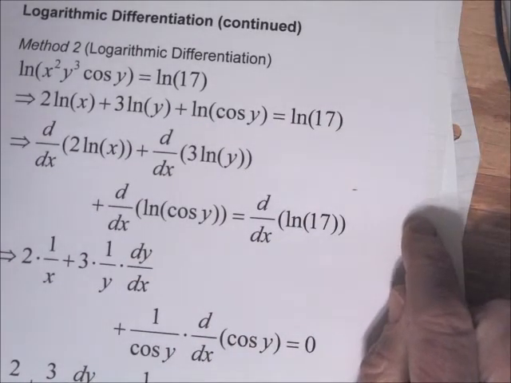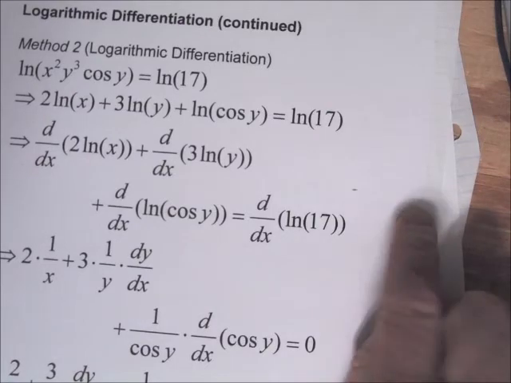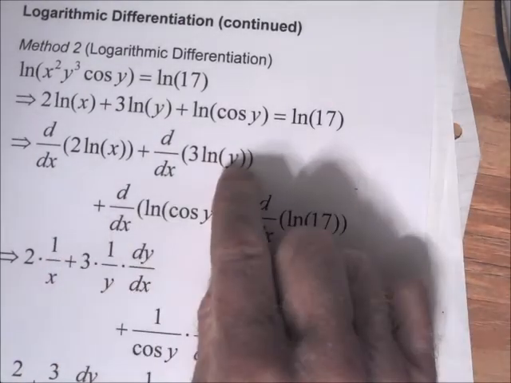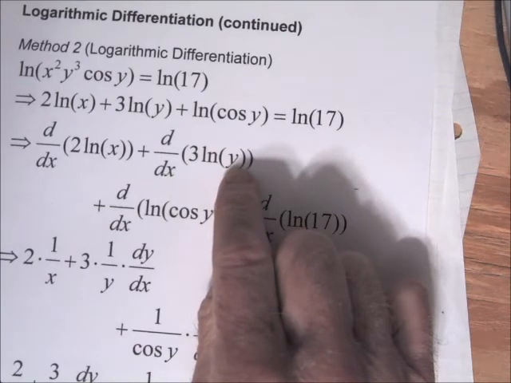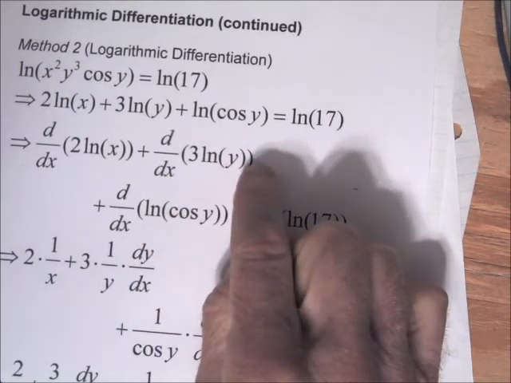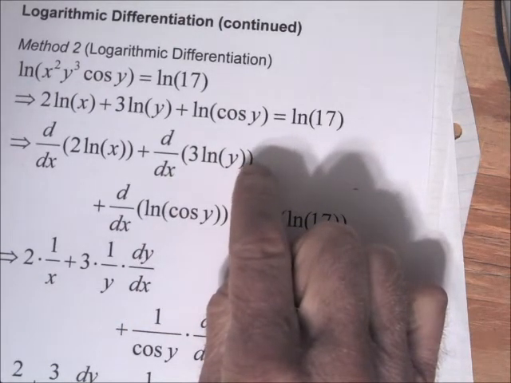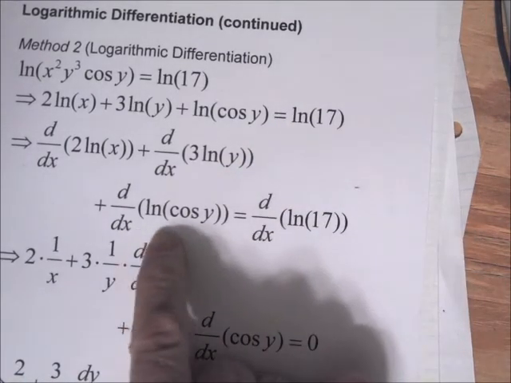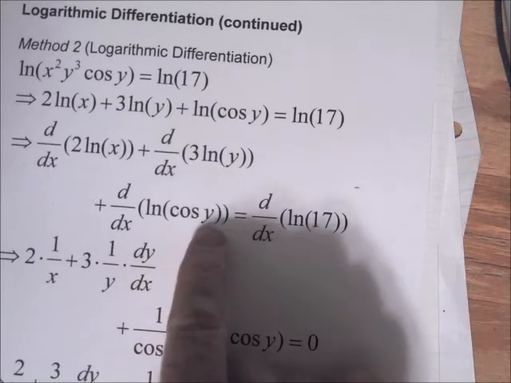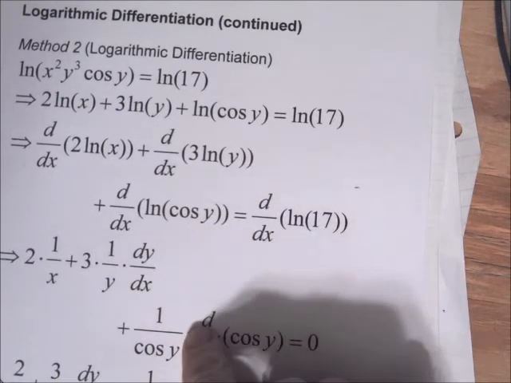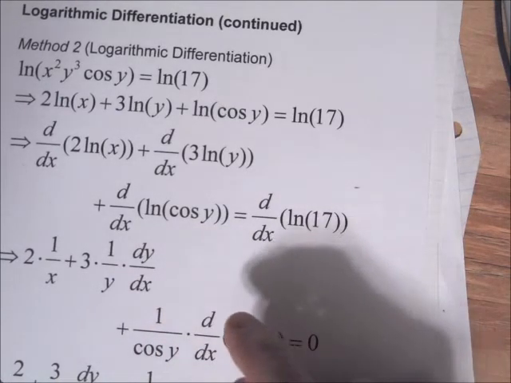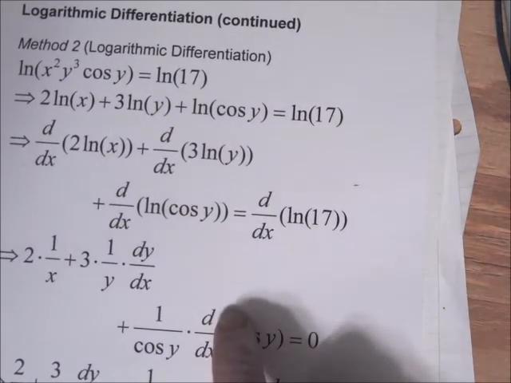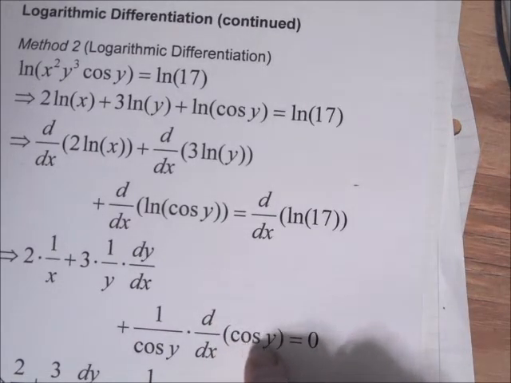The derivative of 2 ln x will be 2 times 1 over x. The derivative of 3 ln y is going to be 3 times 1 over y, but then we have to multiply by dy/dx with the chain rule. The derivative of ln cosine y is going to be 1 over cosine y, but then use the chain rule again, so it's times the derivative of cosine y.